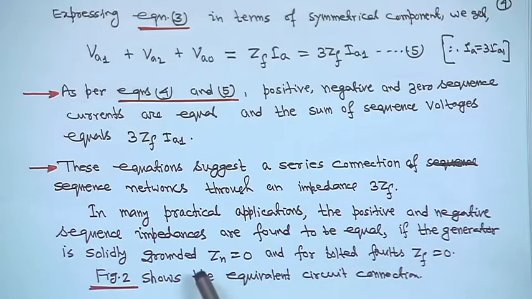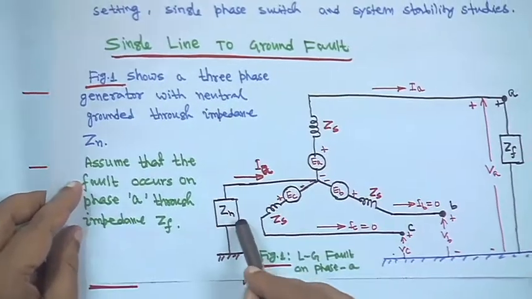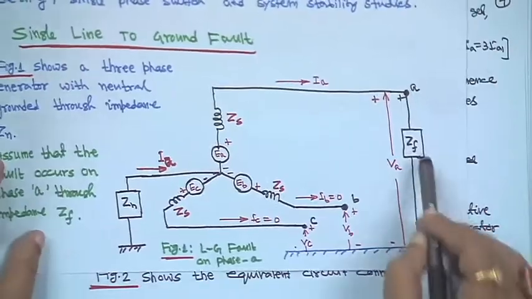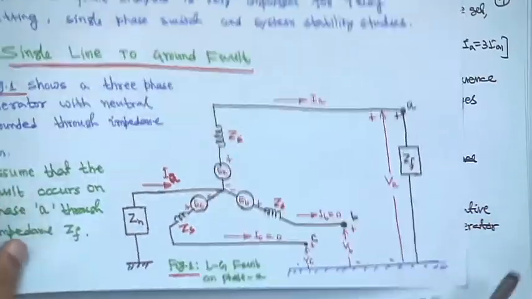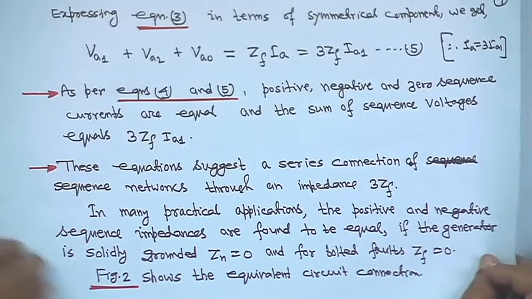If the generator is solidly grounded, then Zn is equal to 0, and for bolted faults, ZF will be 0. So, figure 2 shows the equivalent circuit connection.